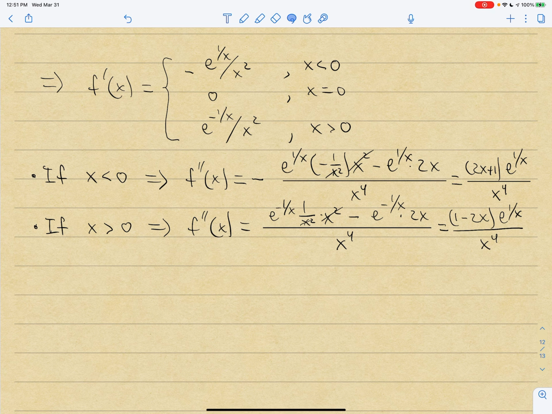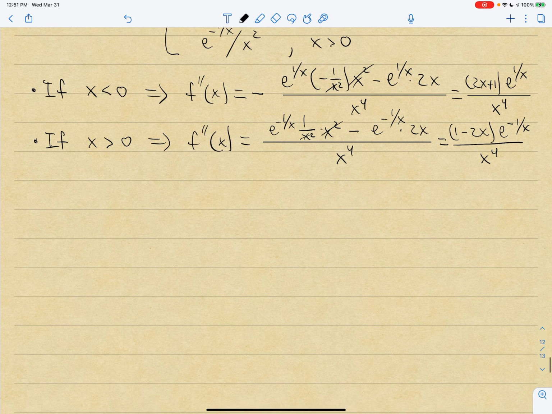Okay, so the derivative is differentiable both if x is positive and negative. And so the only question is whether or not the derivative is going to be differentiable when x is equal to 0. So let's look at x equal to 0.